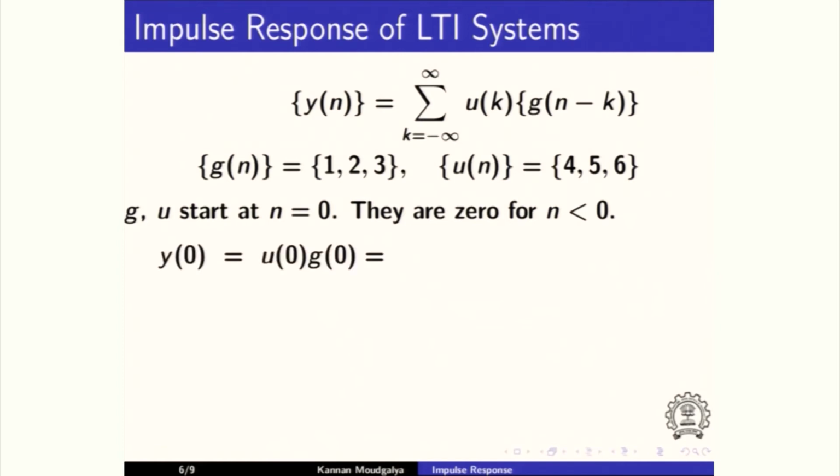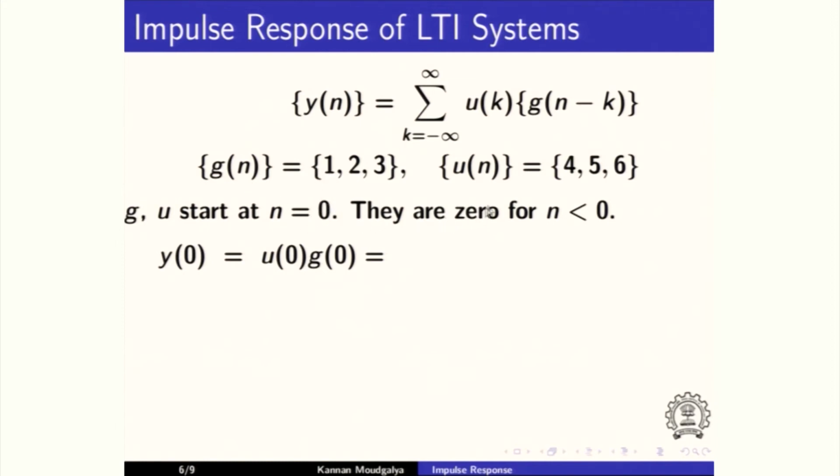So let us calculate y of 0. We have to substitute here. The only combination that gives rise to 0 here is obtained by u0 g of 0. Remember, these values are 0 for n negative because they start at n equals 0. This sequence starts at n equals 0. Before that it is all 0.